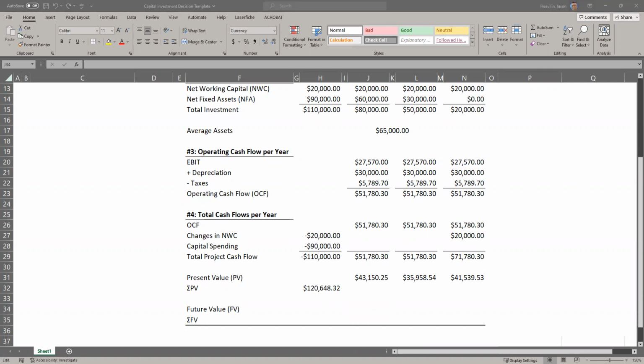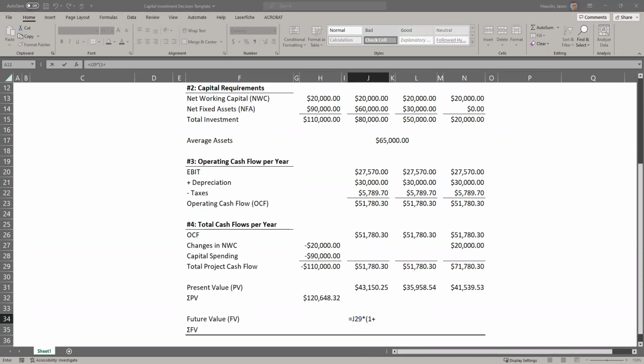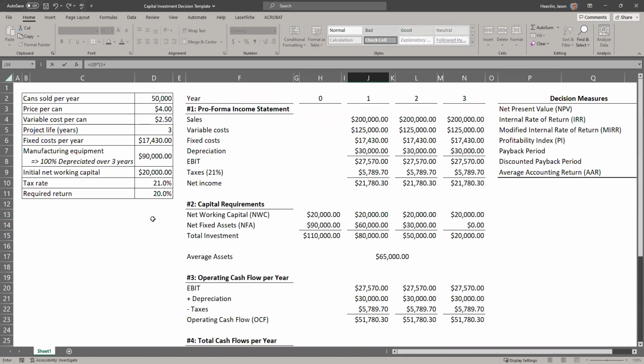Okay. So we start with the cash flow of year 1 multiplied by 1 plus, remember this future value, multiplied by 1 plus, allow me 1 second, my screen is freezing. 1 plus the required return.